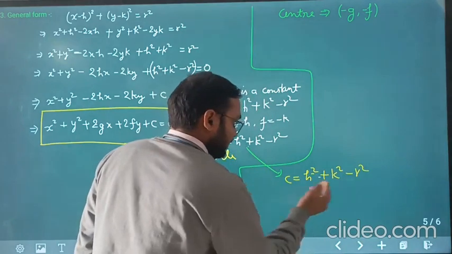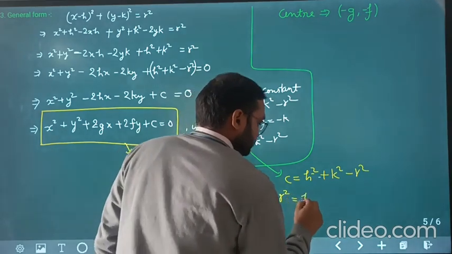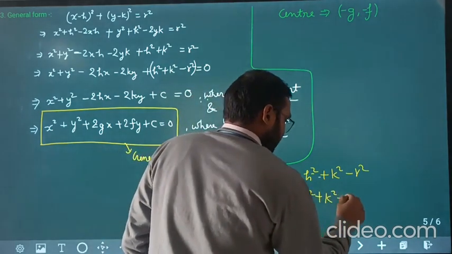So if we take r square on this side and c on that side, then r square is equal to h square plus k square minus c.